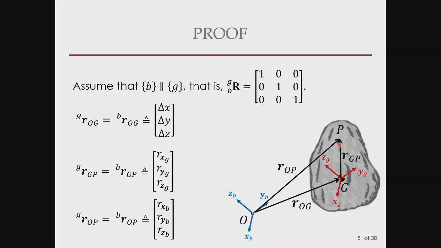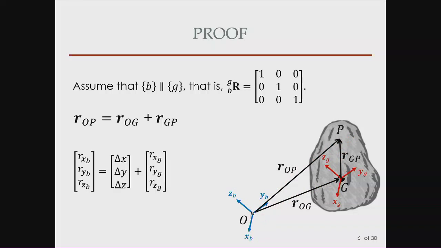So if I break down ROP as the sum of these two vectors, this is what you get here. Make sense?